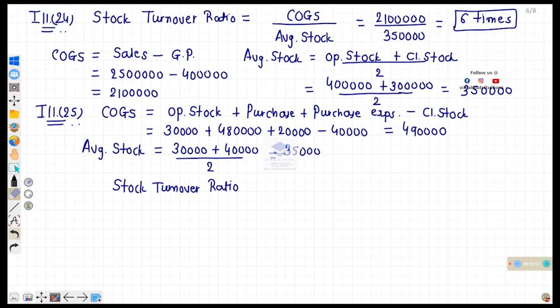Stock turnover ratio, cost of goods sold divided by average stock, that is 4,90,000 divided by 35,000. 14 times. Clear?